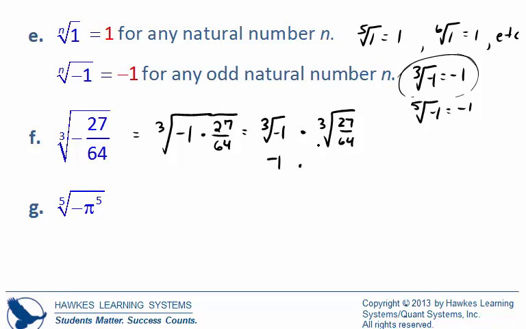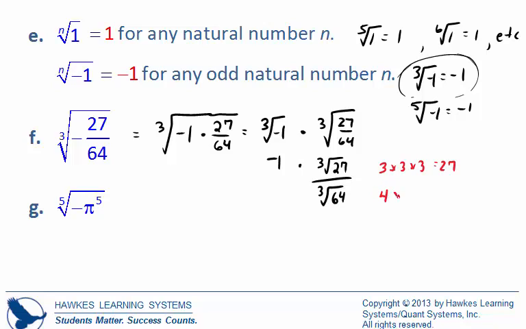What about the cubed root of 27 over 64? That cubed root applies to both the numerator and also the denominator. So I need a number that when I multiply it by itself 3 times, it's going to end up being 27. Well, that would be 3, because 3 times 3 times 3 equals 27. And I need a number that multiplied by itself 3 times gives me 64.